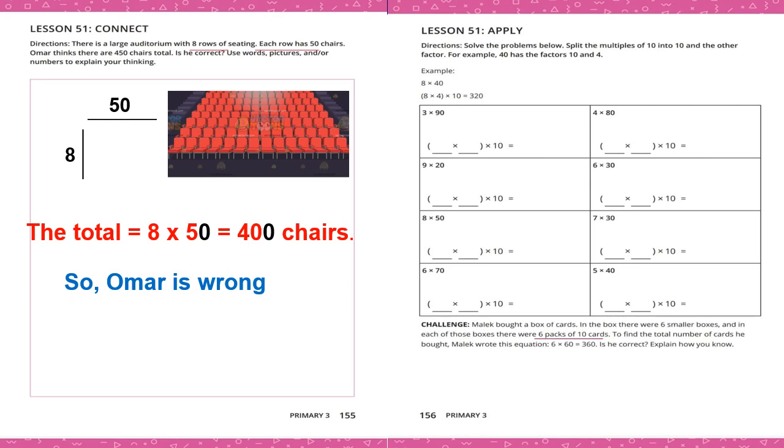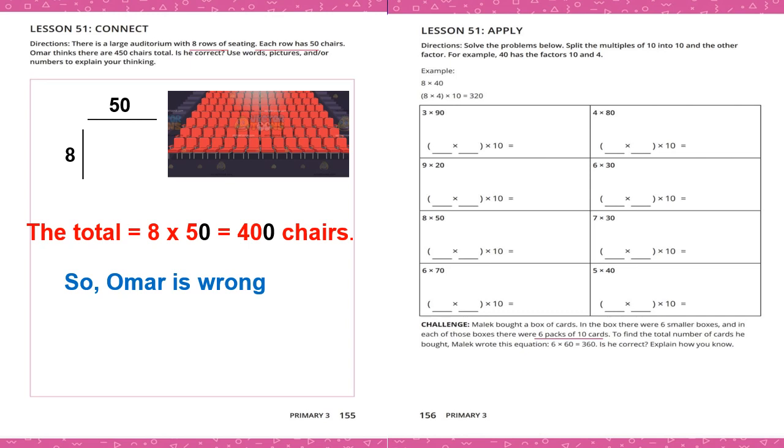The multiples of 10 means table 10. 10 times what equals 40? 10 times 4. So the factors of 40 are 10 and 4.